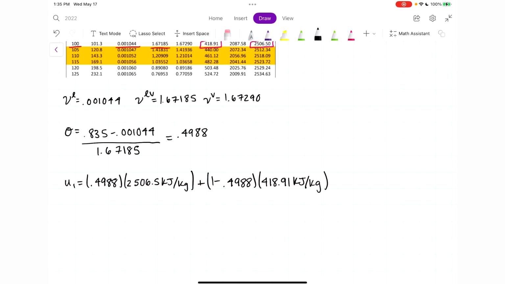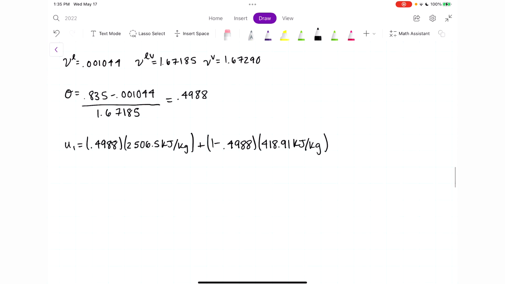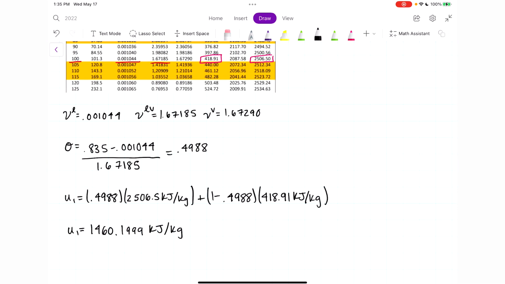We plug that all into our calculator, and we get that the specific internal energy of our system in state 1 is 1,460.1999 kilojoules per kilogram. So we know our specific internal energy. Great. So that's part 1.